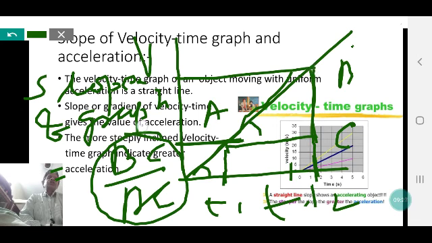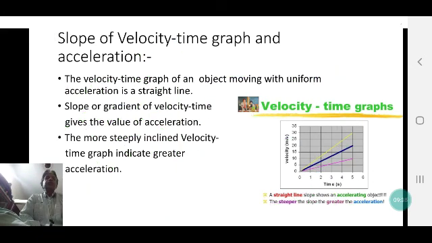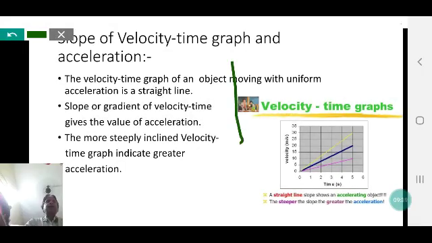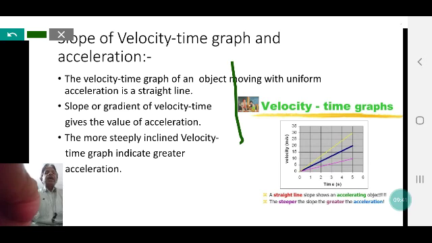If the velocity is u at the start and becomes v, then the change in velocity is v minus u. We divide the change of velocity by time.